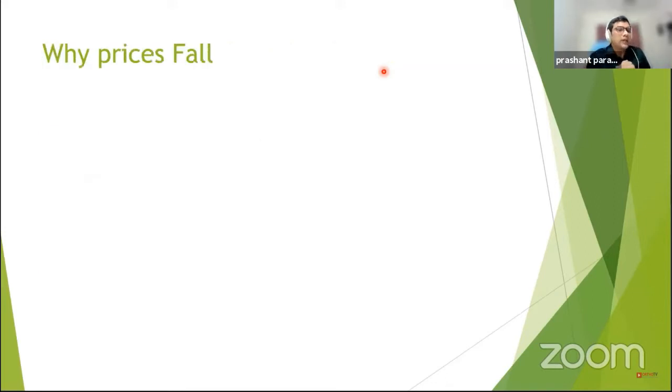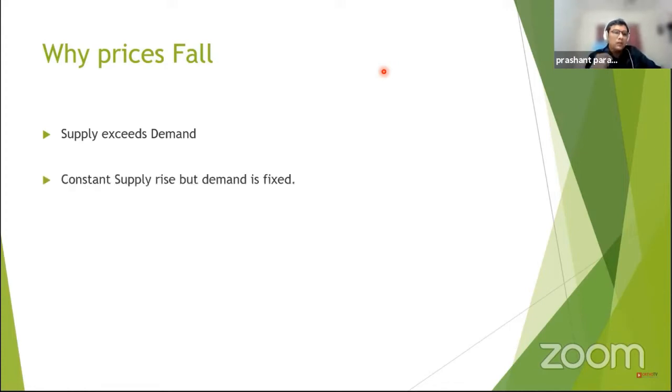Then let us see why prices fall. This is also a very common question. If price is falling, why is it falling? Similar to demand and supply, when it is reversed, prices will fall. If supply exceeds demand, then prices start falling. Many times prices of onion go beyond 50 rupees, 100 rupees, and when fresh crop comes, supply exceeds demand, then prices start falling.